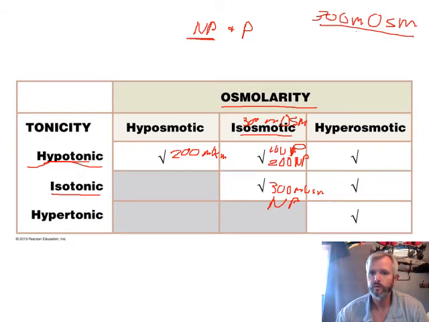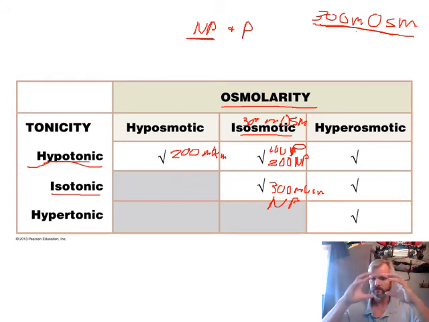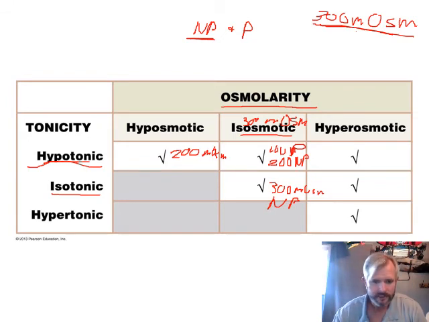It's going to move towards the 300 milliosmoles that's in the cell. That will swell the cell. And so what is that kind of solution? When the solution causes a cell to swell, it is hypotonic. All right, let me erase these so we're not so messy up here.